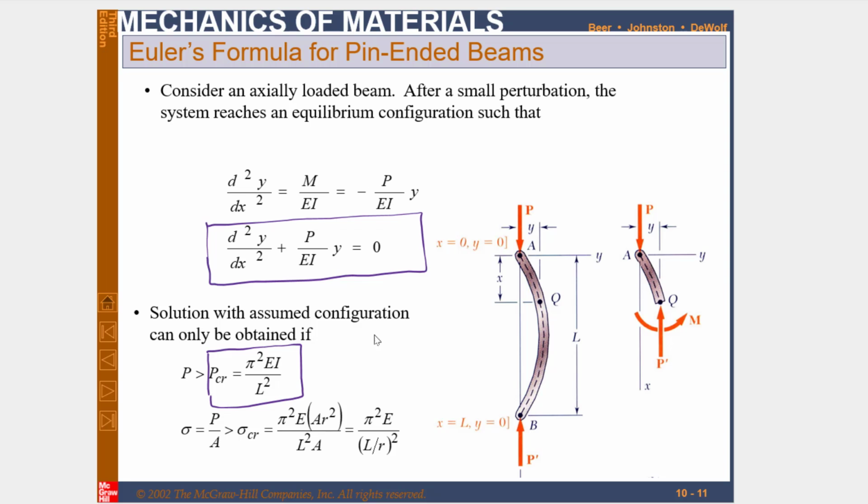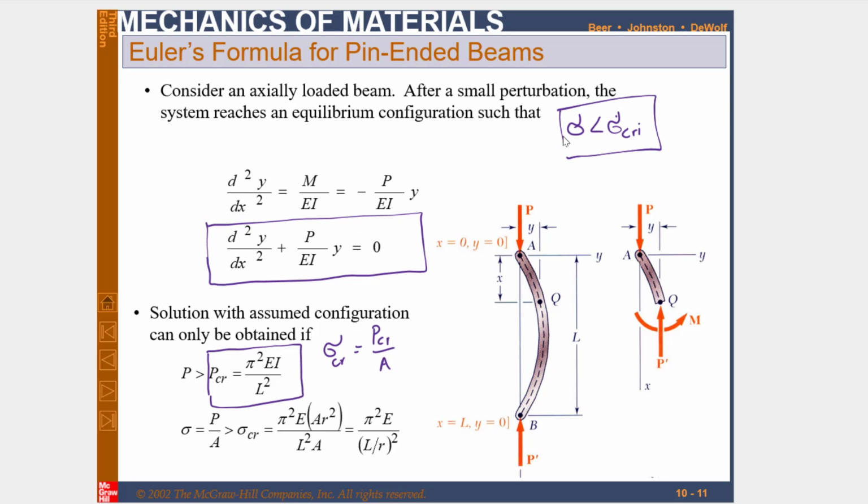Now what if we divide this P critical by the area of the column? You will get the critical stress. Clear? Again, your applied stress should be less than critical stress. Clear? So this is for safer design.